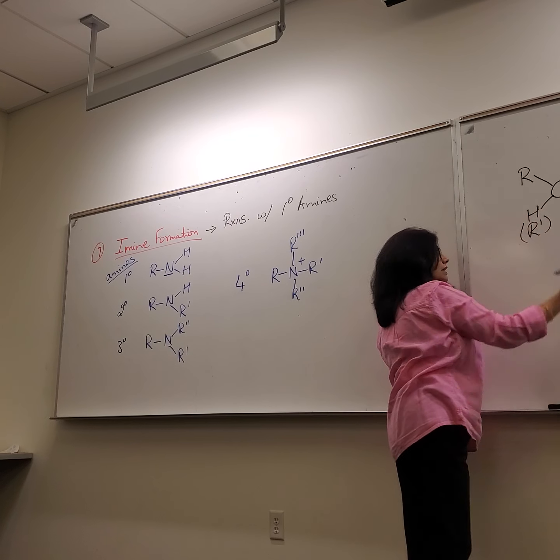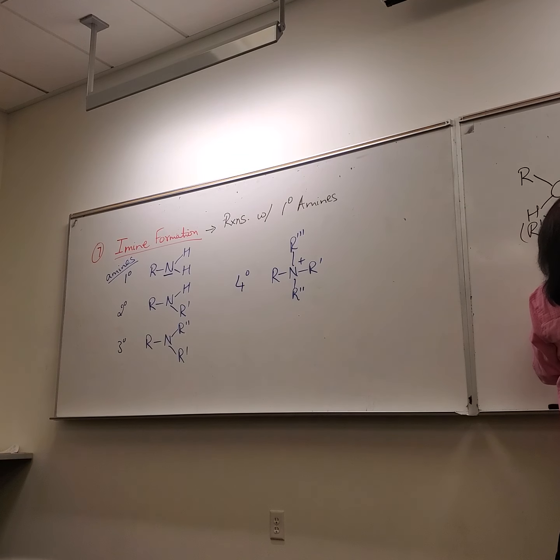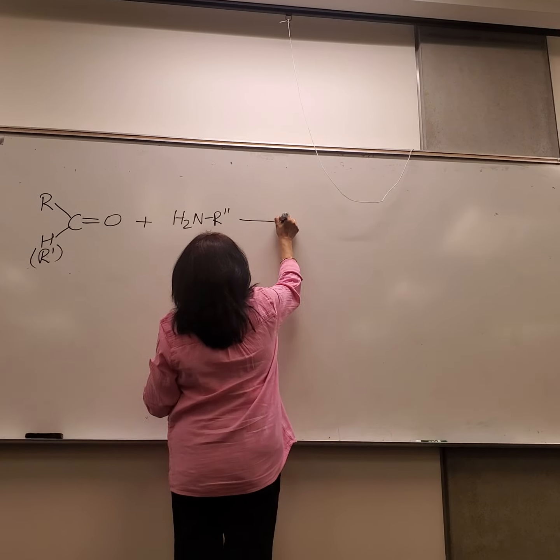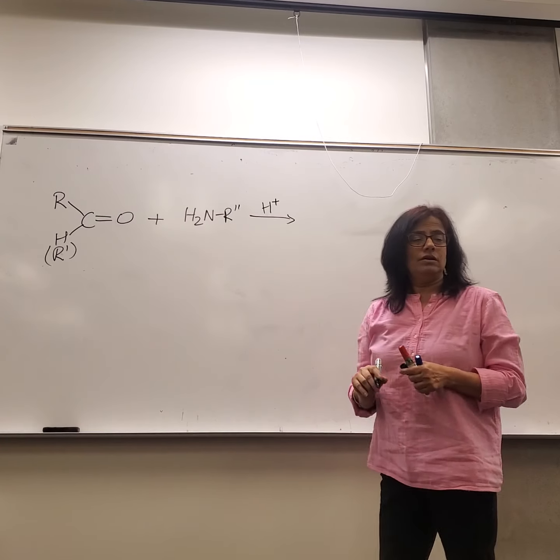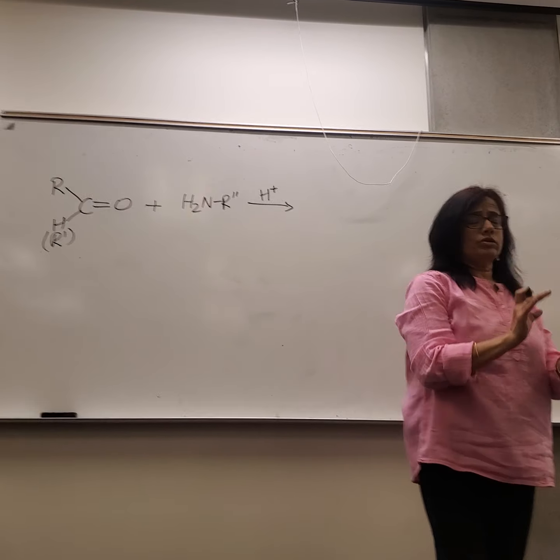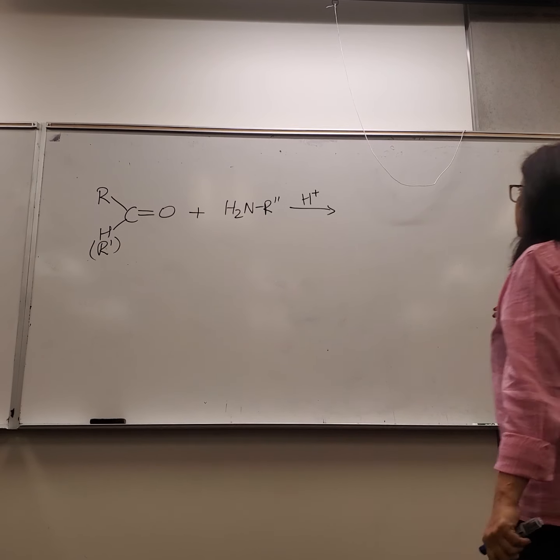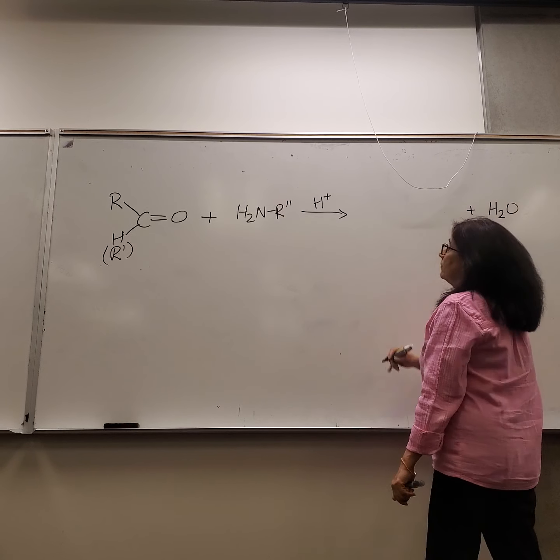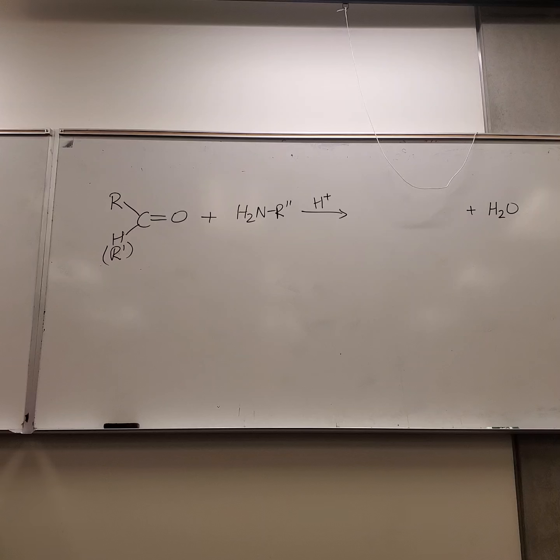So if you have an aldehyde or a ketone react with a primary amine in the presence of an acid catalyst, it creates an imine and water. With that information, can you guess what an imine is? The byproduct is water. Can you guess what an imine is?